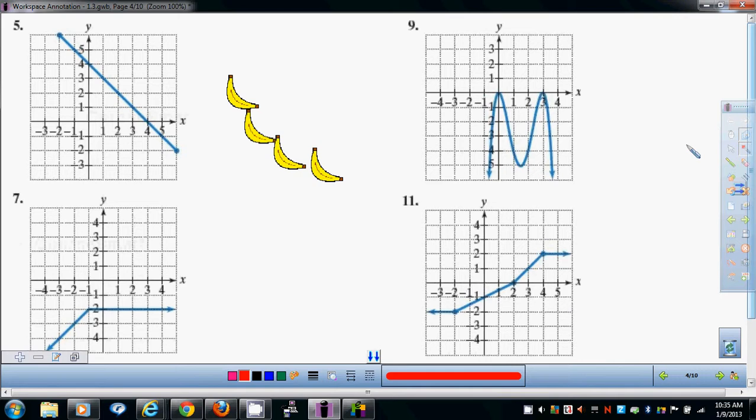Good. You got it. Questions? If there's not, I'll just kind of sprint through number 11. Constant from negative infinity to negative 2. Increasing from negative 2. Well, even though this changes, isn't it still increasing? So increasing from negative 2 to 4, and then constant from 4 to infinity. No decreasing. Questions?